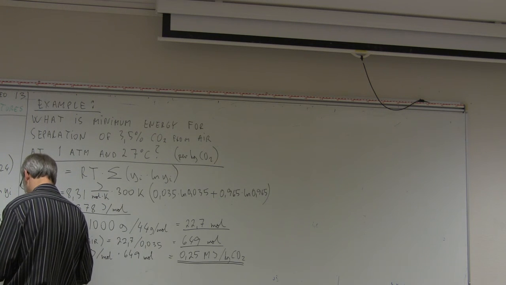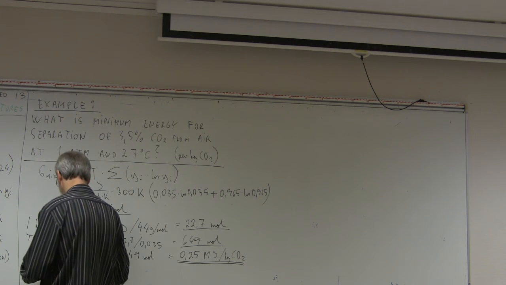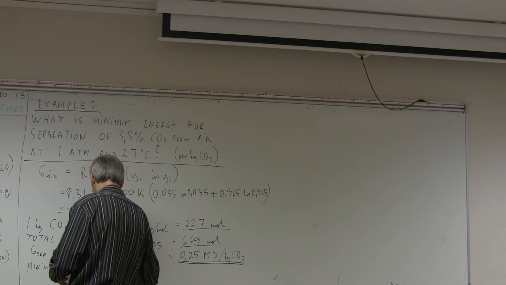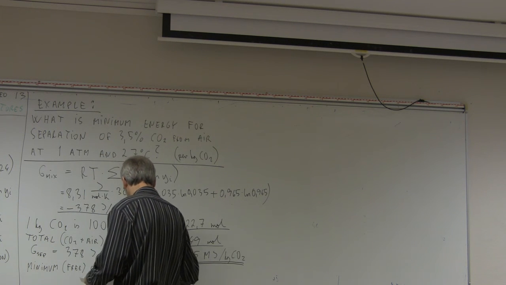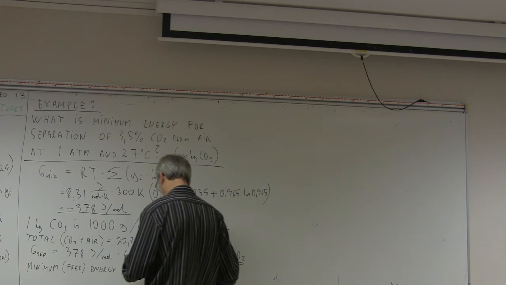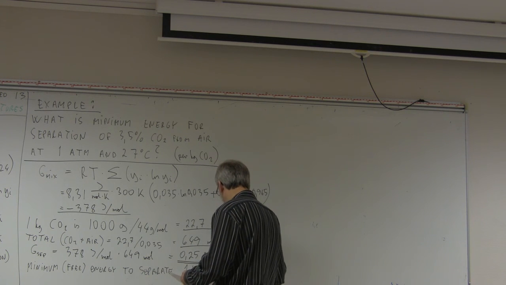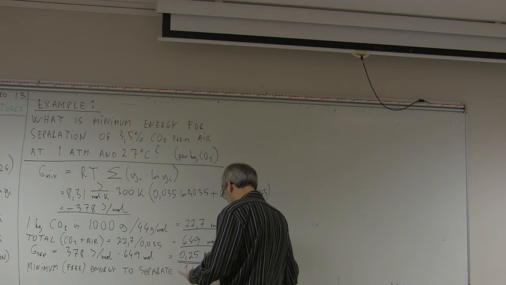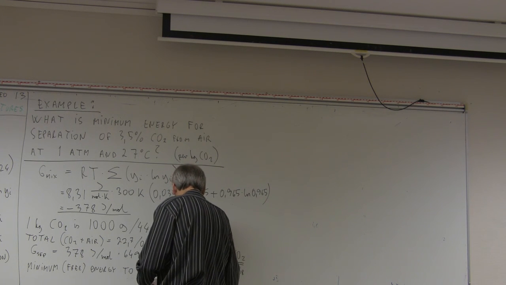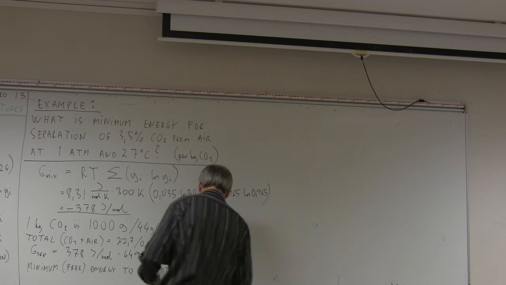So the minimum free energy to separate 1 kilo CO2 from air is 0.25 megajoule.